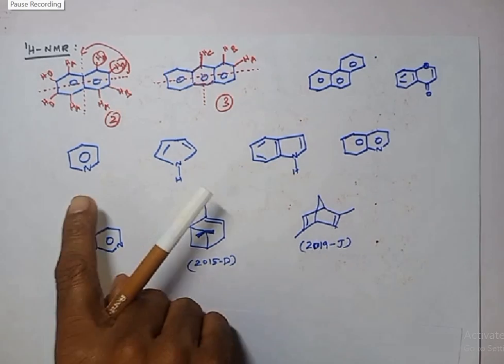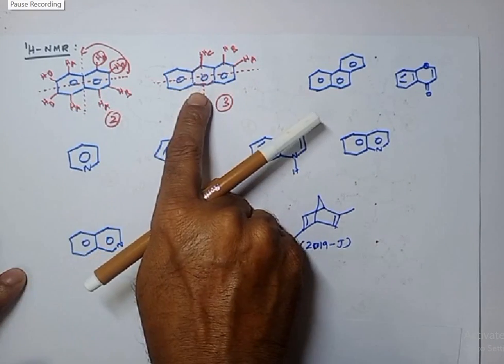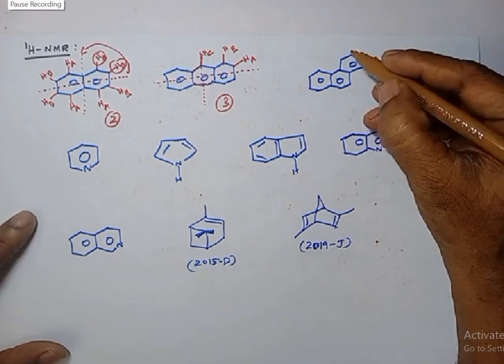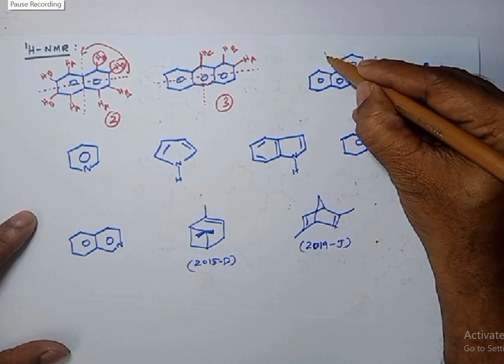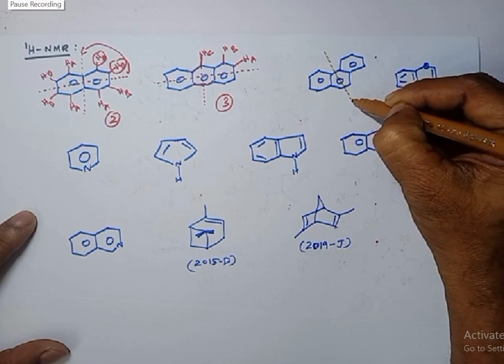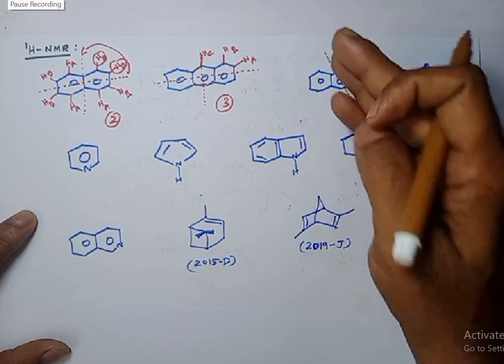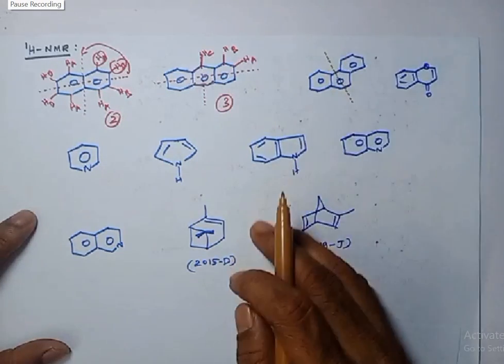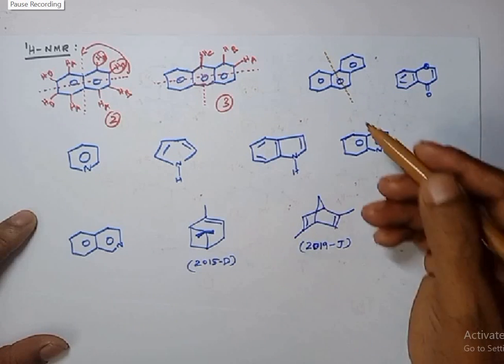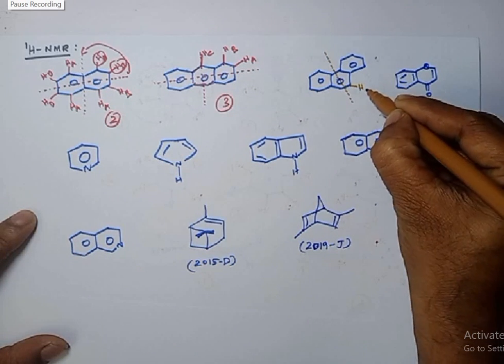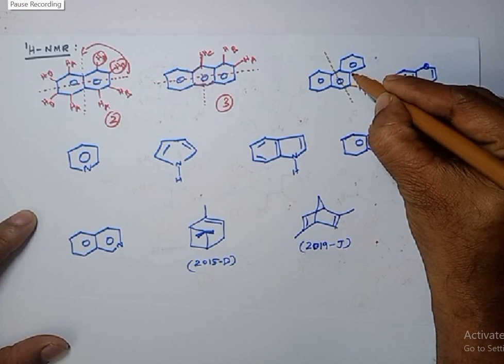This is naphthalene, this is anthracene, and this is phenanthrene. In phenanthrene, we have a plane. We can keep a plane passing through the center of this benzene ring. If you do reflection, you will get an equivalent shape. Now listen, how many protons are there? I have 1 proton here, let me take this HA, and here no proton.